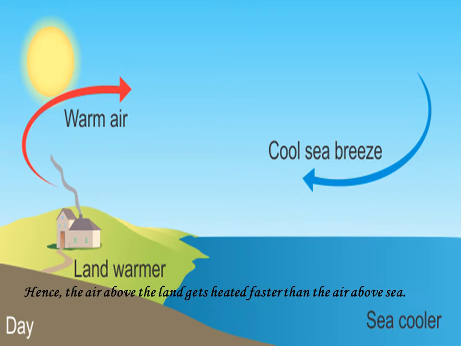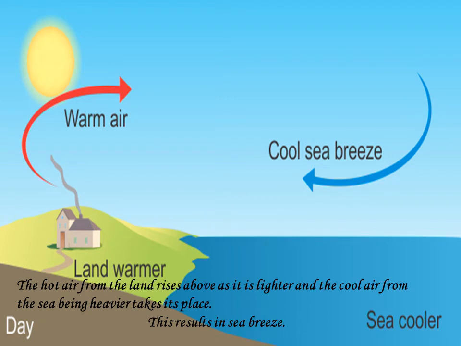Hence, the air above the land gets heated faster than the air above the sea. The hot air from the land rises above as it is lighter, and the cool air from the sea, being heavier, takes its place. This results in sea breeze.